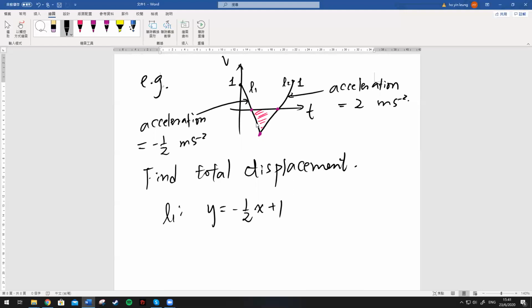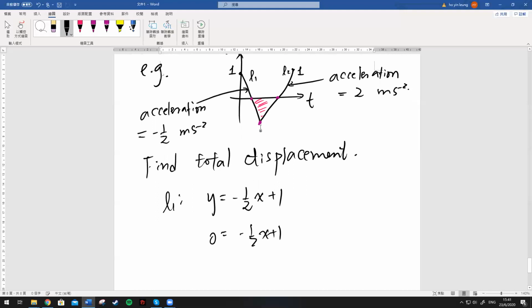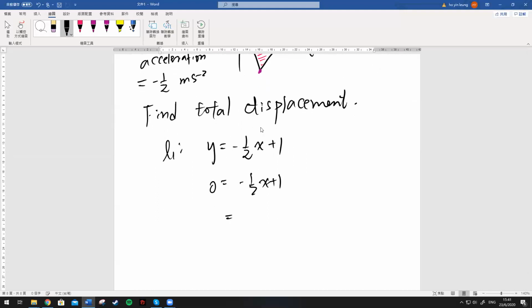So we can set y equal to 0 to get the x-intercept here. This x-intercept should be 2, right? So x equals 2.